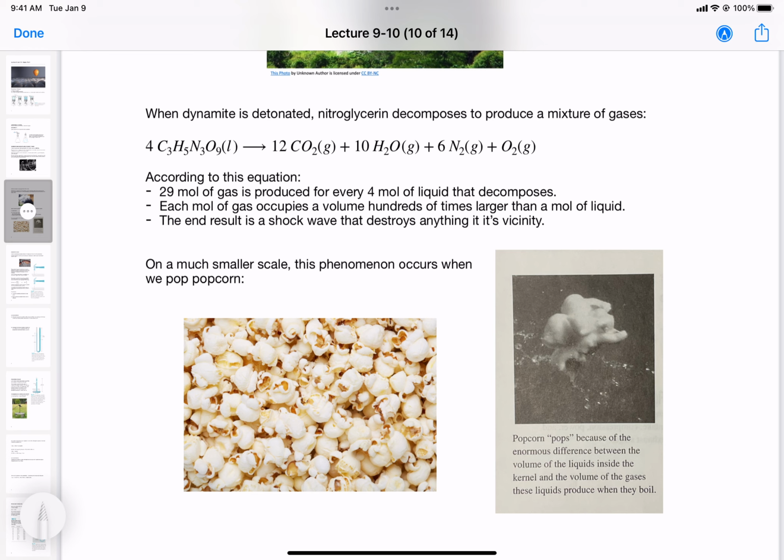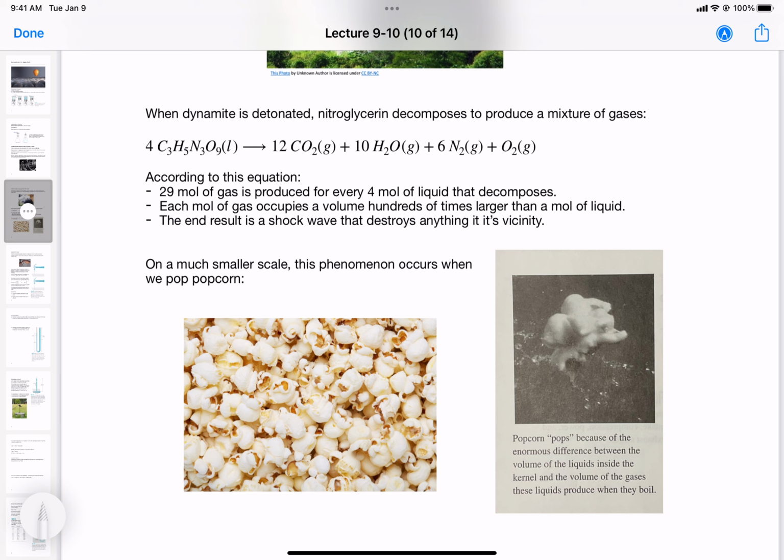And that's pretty much how we use these concepts of gases to convert something you can't really eat, the kernel. I mean, you can eat it, but it's not as good. And turn it into a delicious snack like popcorn. Okay, so the gases want to occupy more space, so they escape by bursting open the kernel, and you form the popcorn here.